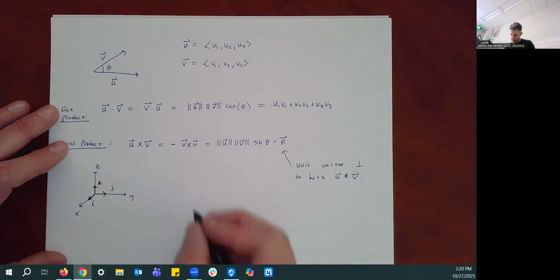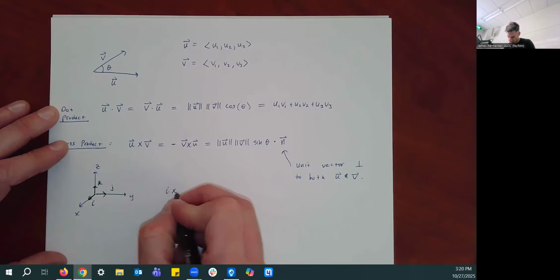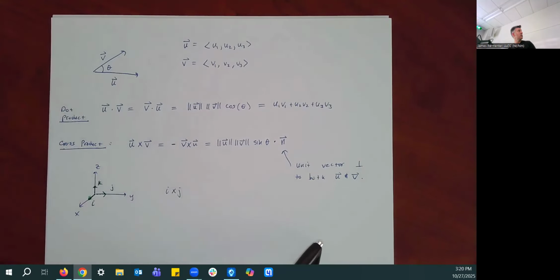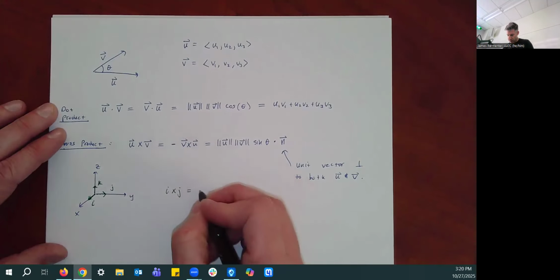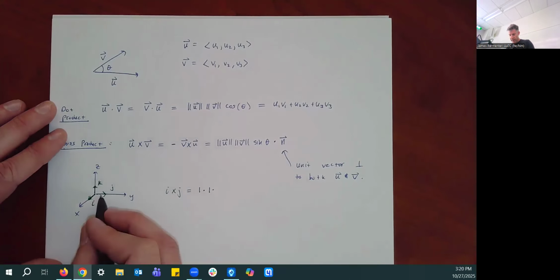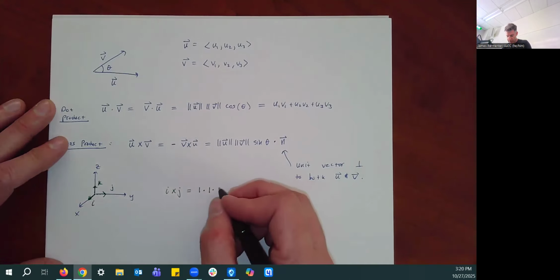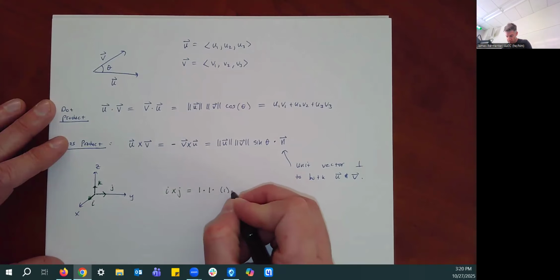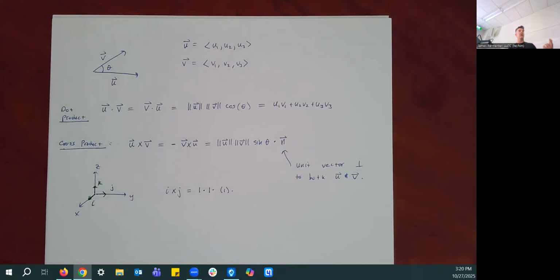So last time we talked about how I cross J, well, by this definition, I cross J should equal the magnitude of I times the magnitude of J times sine of the angle between them, and sine of 90 degrees is 1, times a normal vector that is perpendicular to both of those vectors.